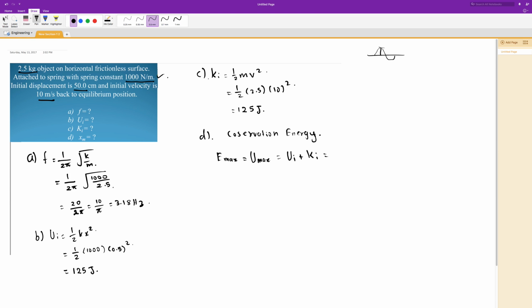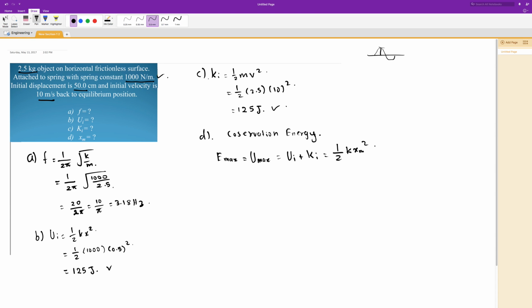So the equation for the maximum potential energy is half k xm square, and from this we can find the amplitude, because we already know that the potential energy is 125 and the kinetic energy is 125.